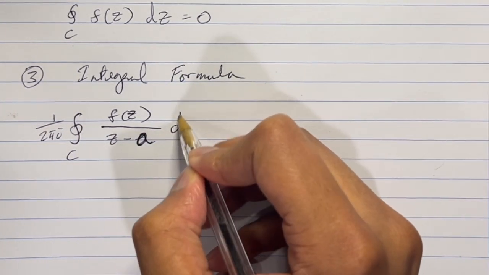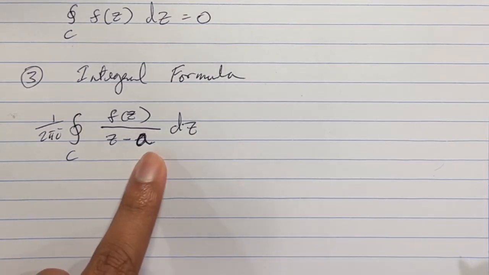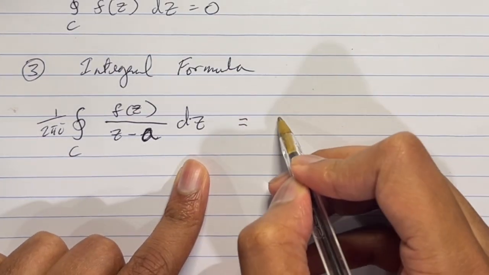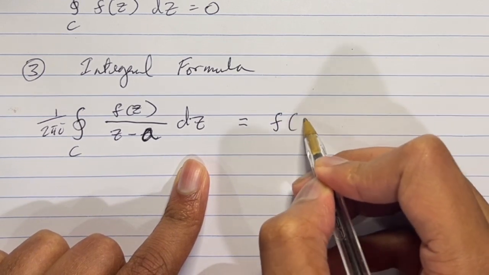Then this is dz, where a is inside the contour C. So if C is this contour, let's say, then a is somewhere inside the contour. This is a. And then this is equal to f evaluated at a.